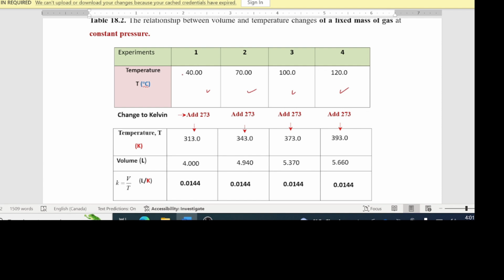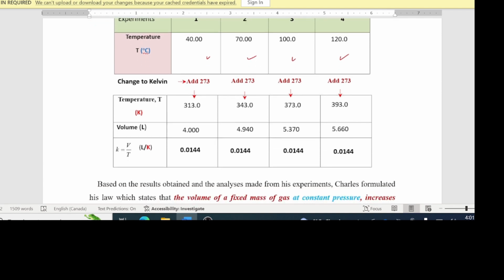Let's see what relationship exists between V and T so we can arrive at that constant. We want to change these temperatures to Kelvin. What do you do? You add 273. That's what the temperature is in Kelvin for each of these.